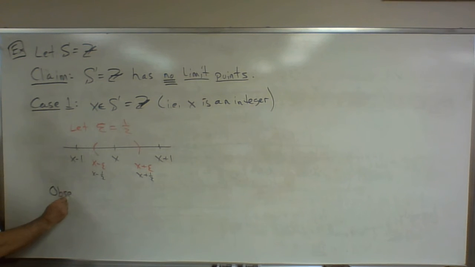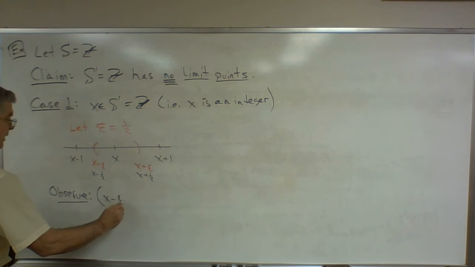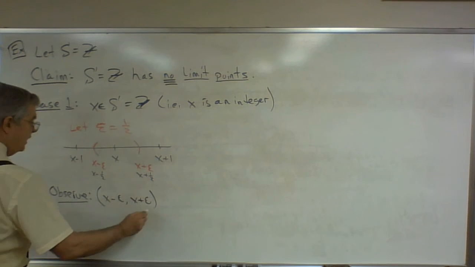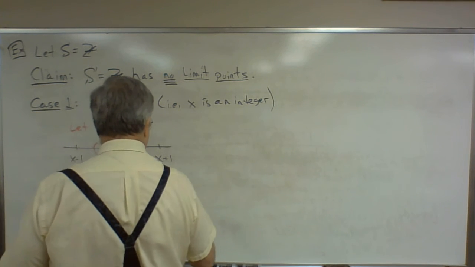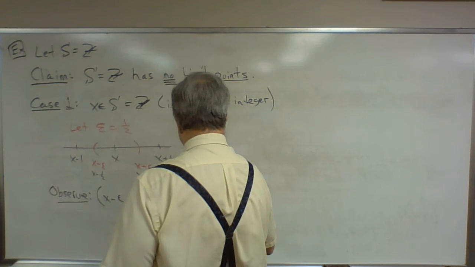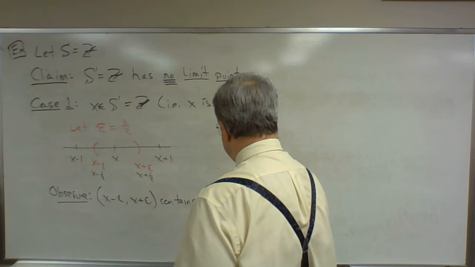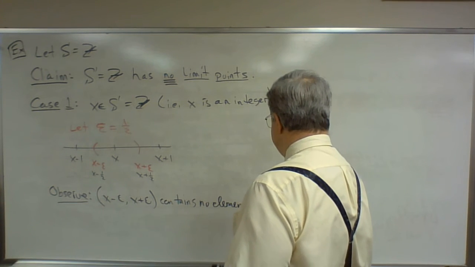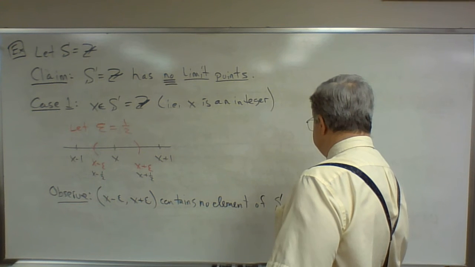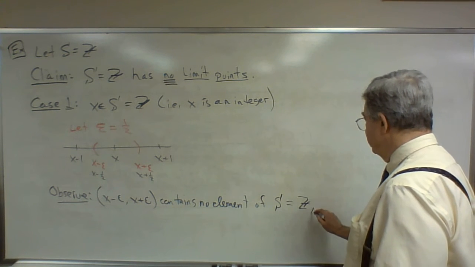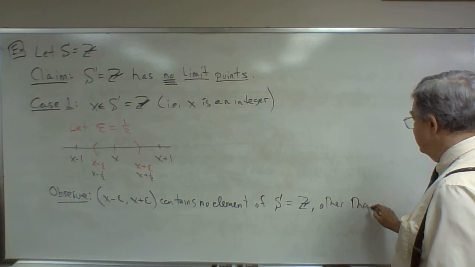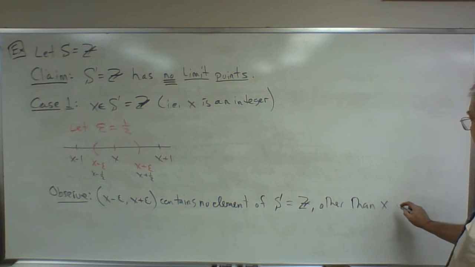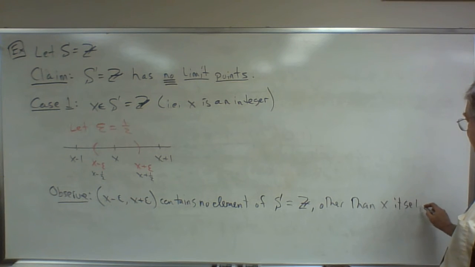And we observe the interval x minus epsilon, x plus epsilon contains no element of the integers, S equals Z, other than x itself.